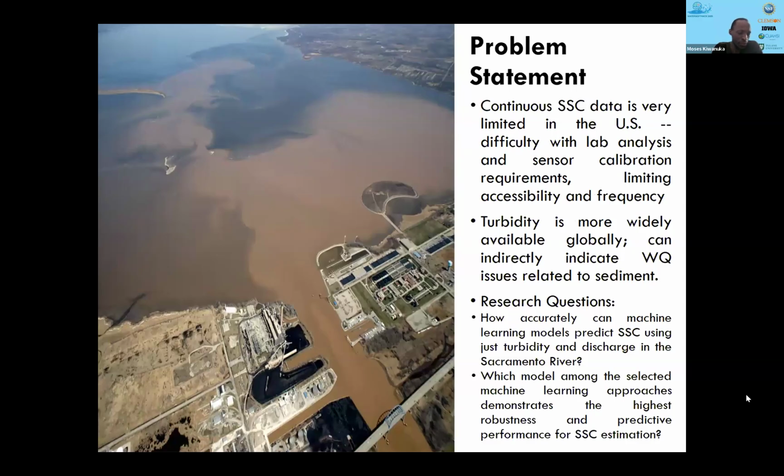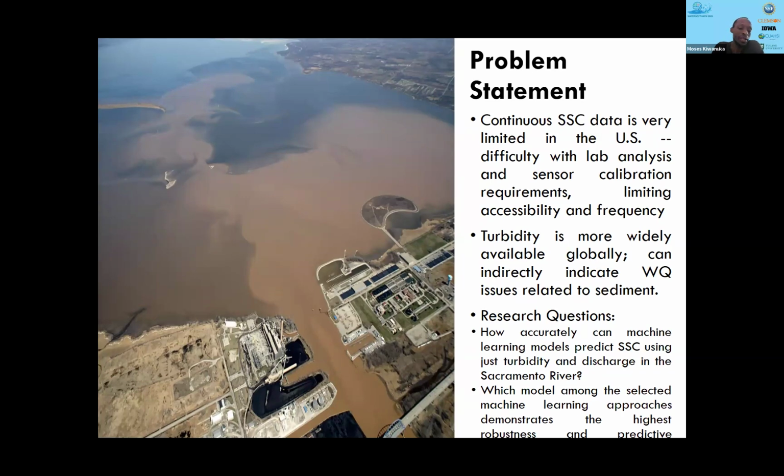So the problem statement is that there is no continuous data, especially here in the US. It's very limited, and there are also challenges to do with lab analysis and sensor calibrations. This makes most traditional field methods incapable of capturing suspended sediment, especially in extreme events, because suspended sediment is highly affected by natural processes and human activities.